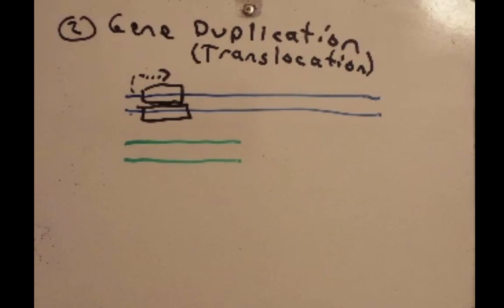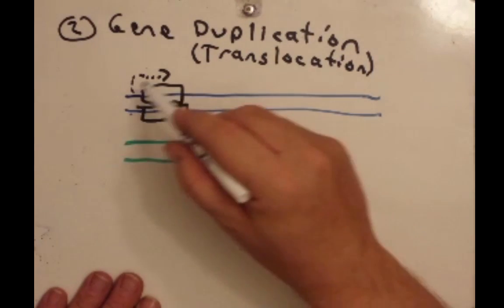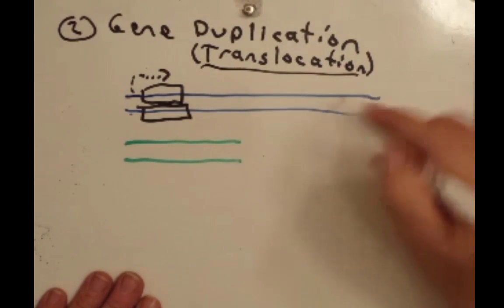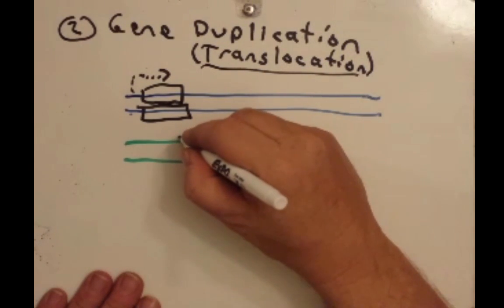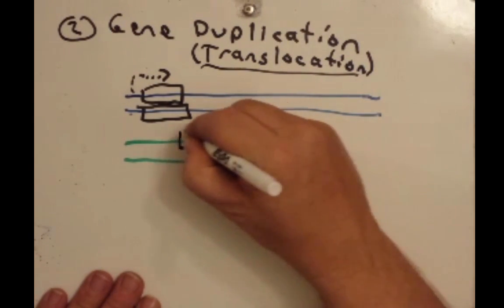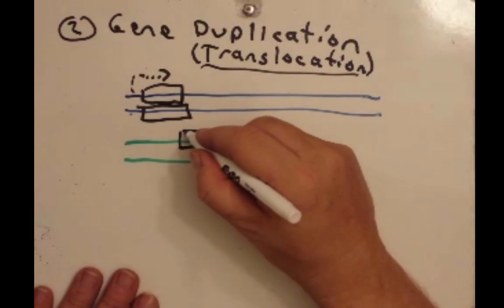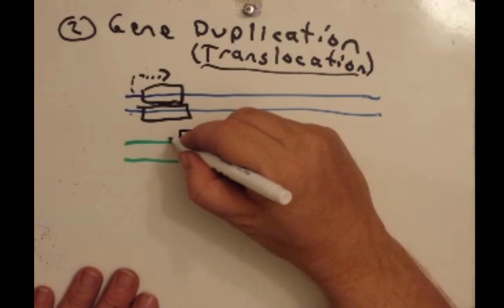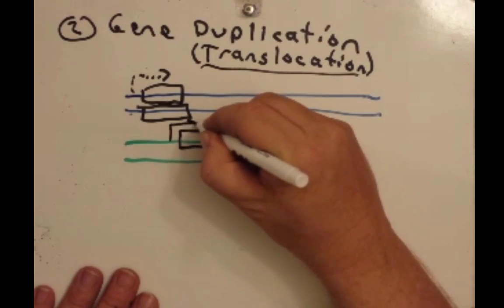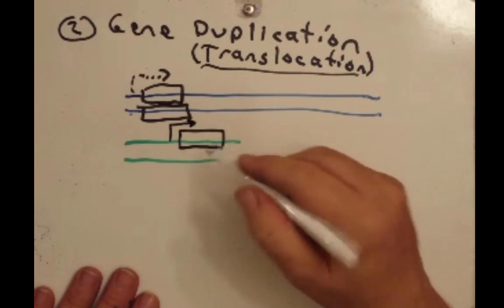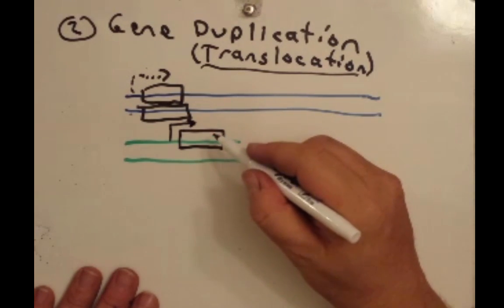In some cases, this gene can be cut out of here and translocated to another chromosome. Let's say it's translocated to this chromosome. And it happens to place itself in front of a promoter that is much stronger, meaning it's going to express this at a higher level.